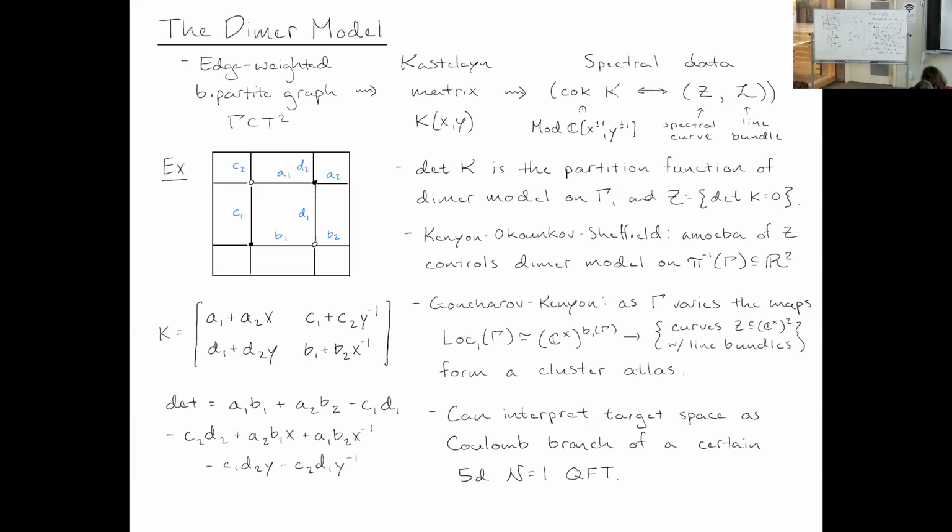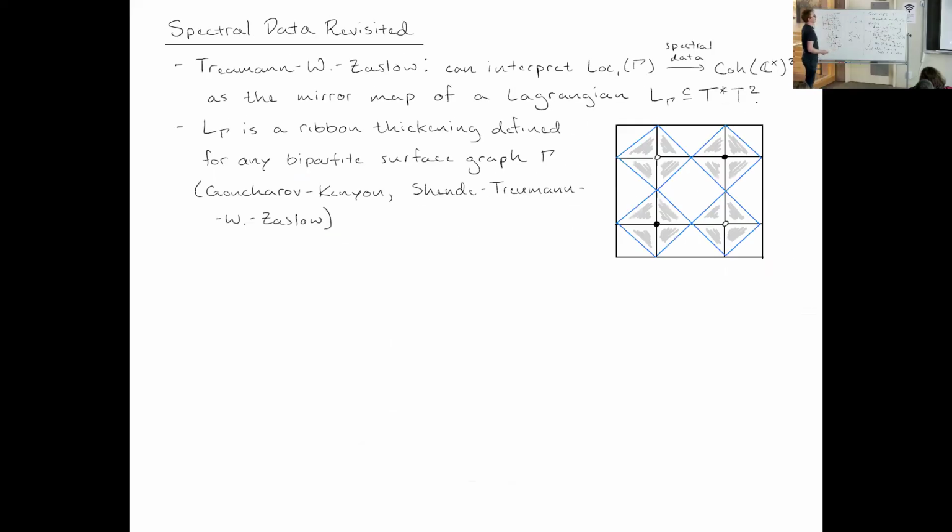Right. Okay. So this line of inquiry actually grew out of some old work that I had done trying to understand better these Betti moduli spaces and their cluster structures.